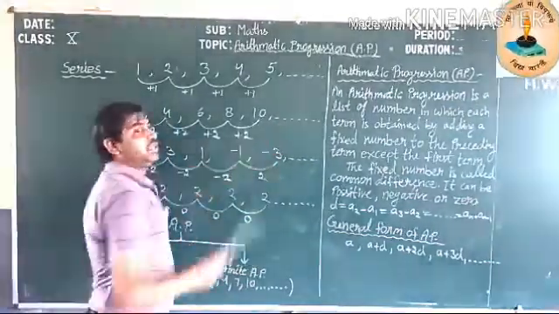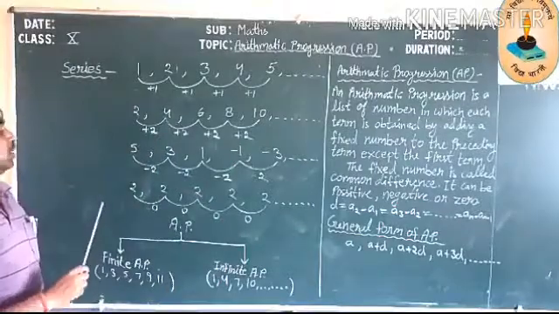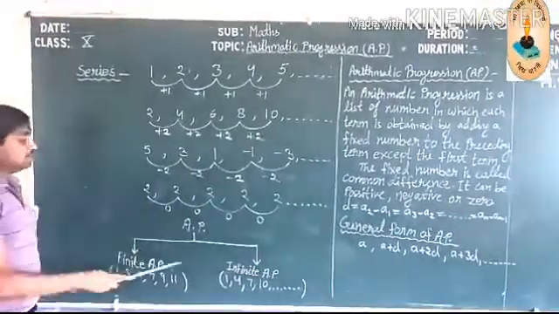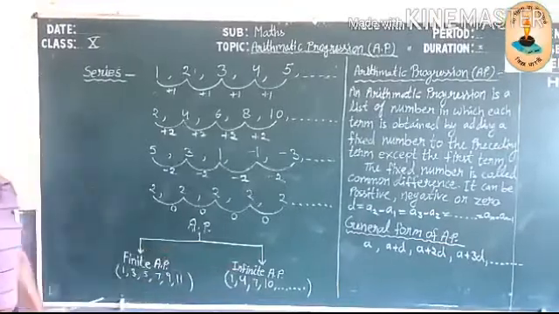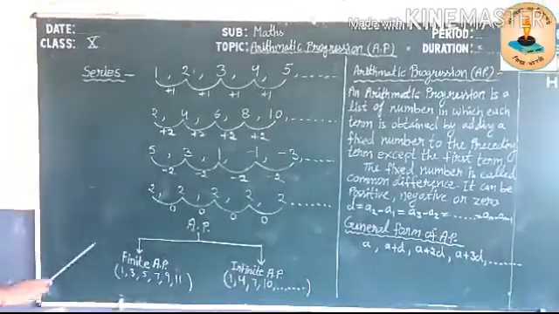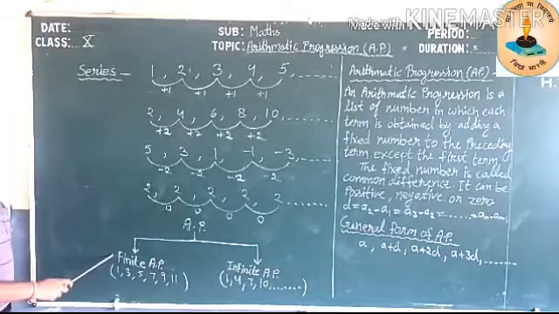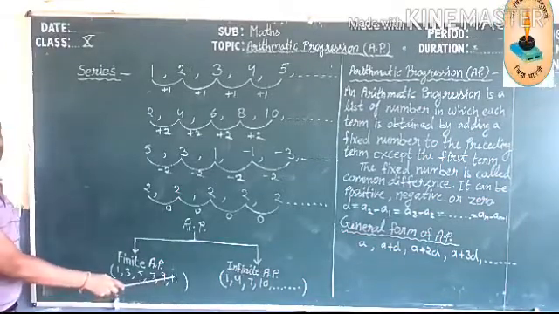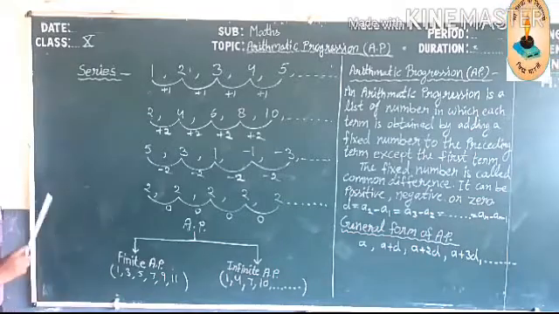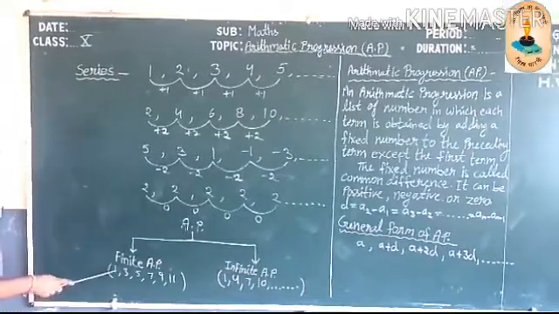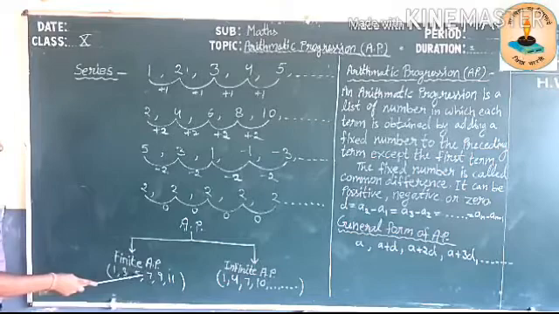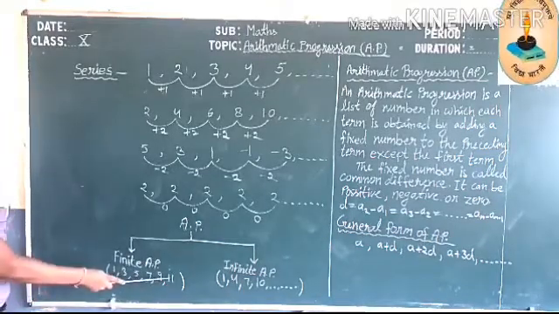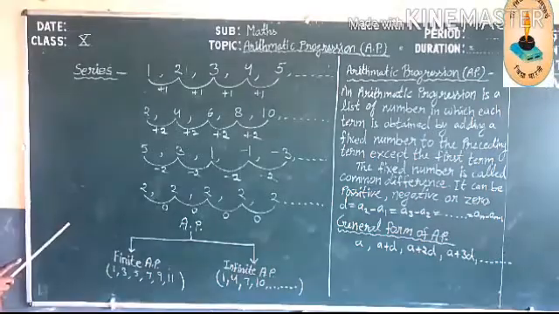This AP can be classified into two forms: first finite AP and second infinite AP. Finite AP is that AP in which the number of terms in the given list are countable. Like in this example, 1, 3, 5, 7, 9, 11. There are total 6 terms. 6 is a countable number.